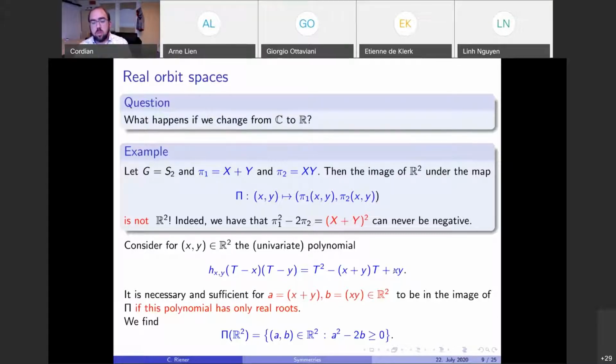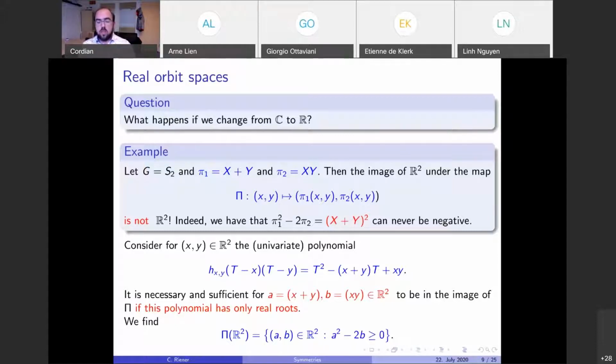Because the pre-images of the map are essentially the roots, and they have to be real because we wanted to map from R2. Thus it's not very hard to see that we only need to add this inequality, which is the one we had already guessed before. Because by the discriminant of a quadratic polynomial, this has to be non-negative in order for the polynomial to have real roots.